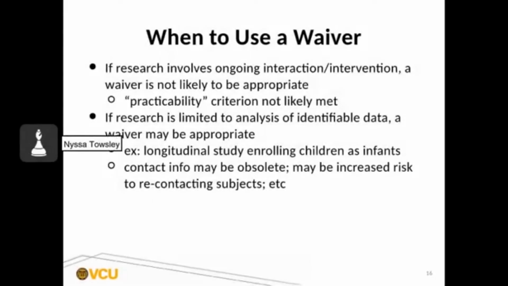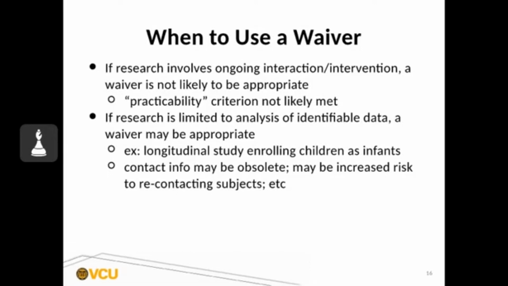When is it appropriate to waive the requirement to obtain reconsent from now adult subjects? If research involves ongoing interactions or interventions, a waiver is not likely to be appropriate. You won't be able to satisfy the practicability criterion because it is likely that you could obtain reconsent from the now adult subjects since you will be seeing them regularly. On the other hand, if research is limited to analysis of identifiable data, a waiver may be appropriate.